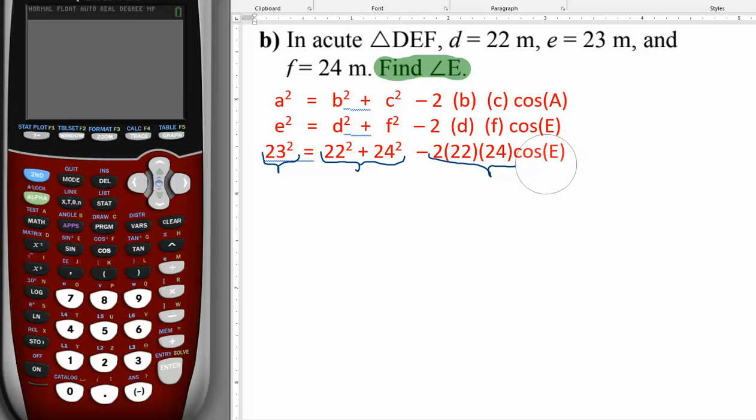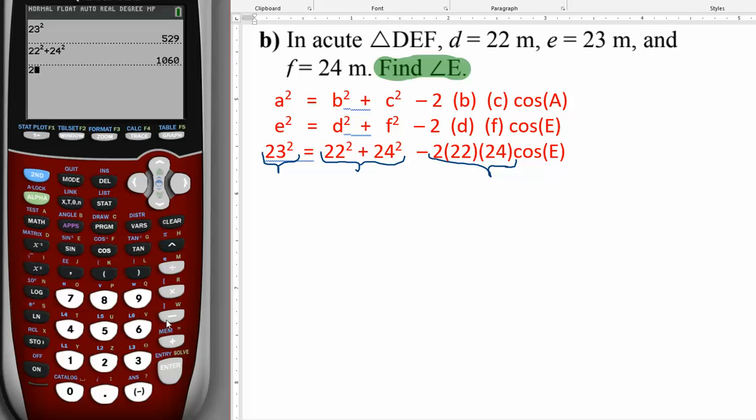So what we're going to do is figure out what those three sets of numbers that I just underlined in blue are. And we're not asking to do anything difficult. This is just simple little algebra. So 23 squared is 529. 22 squared plus 24 squared, 1060.